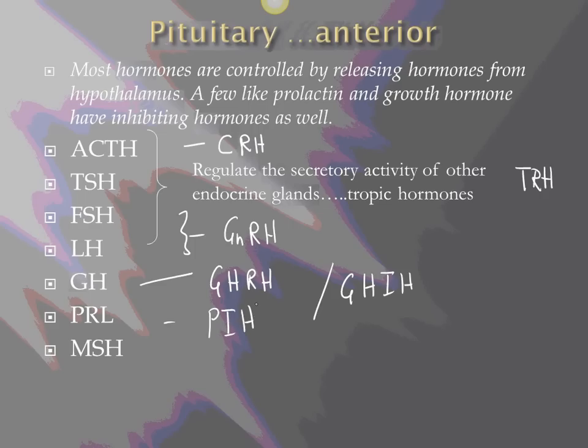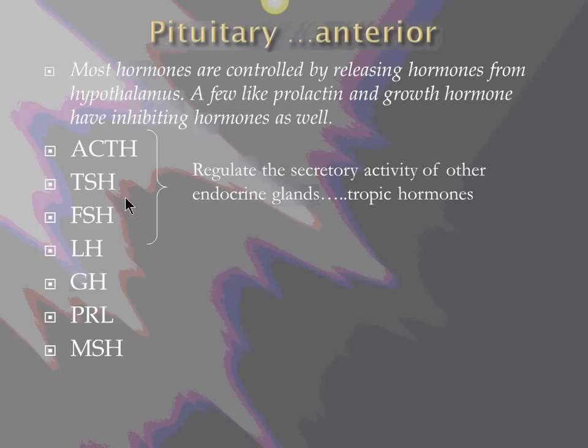These come from the hypothalamus and travel to the anterior pituitary. These releasing hormones will cause release of these various hormones. The inhibiting hormones will prevent release of growth hormone or prolactin. Let's see what all of these do. They go and regulate the activity of other endocrine glands.